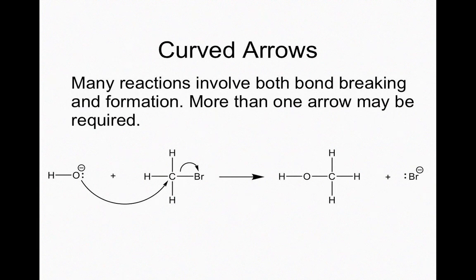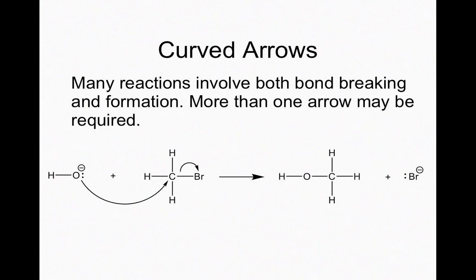Note that many reactions you encounter will involve the simultaneous bond formation and bond breakage in a reaction mechanism. We demonstrate this by using multiple curved arrows. In this reaction, the first curved arrow indicates the formation of a bond between oxygen and carbon with the simultaneous cleavage of the carbon-bromine bond.